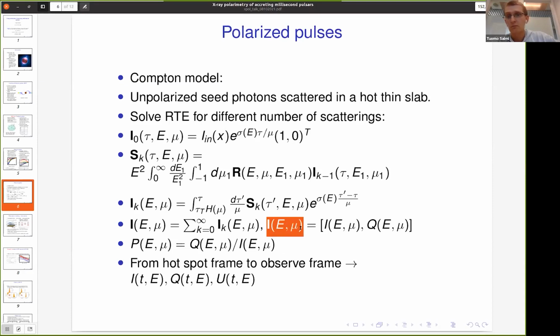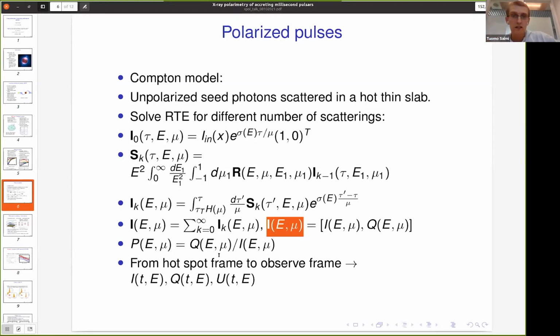So the model gives us the Stokes vector I, so basically intensity, and Stokes Q in the frame of the hotspot, since the U parameter is 0 by definition, and V, which describes circular polarization, is assumed to be 0 because we don't expect to have sources for circular polarization.